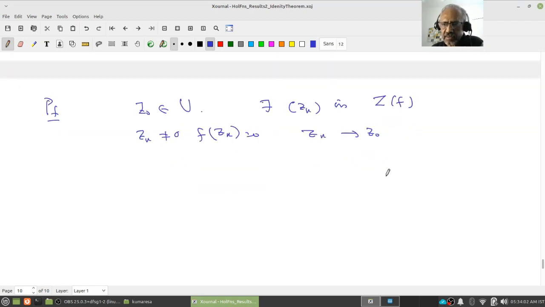In case you had forgotten your definition of cluster point, I don't use the word limit point, I'll use only cluster point.